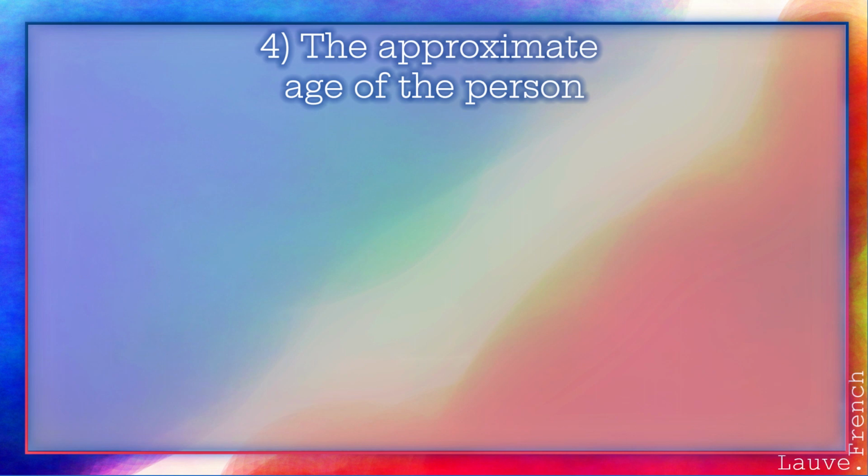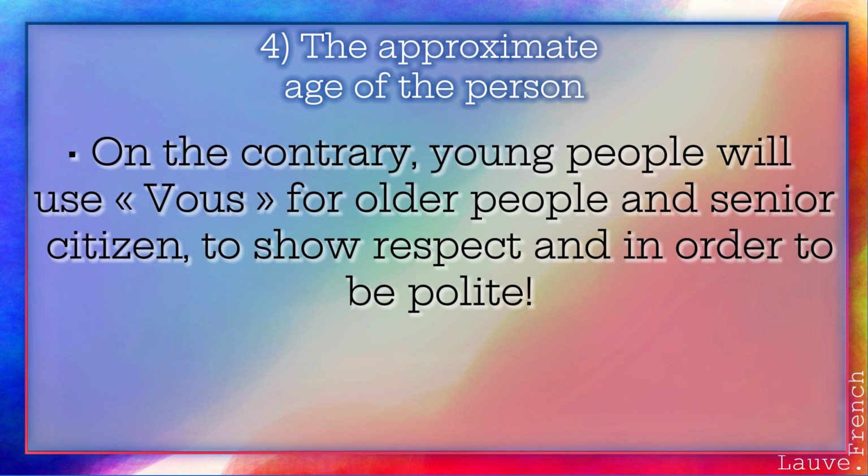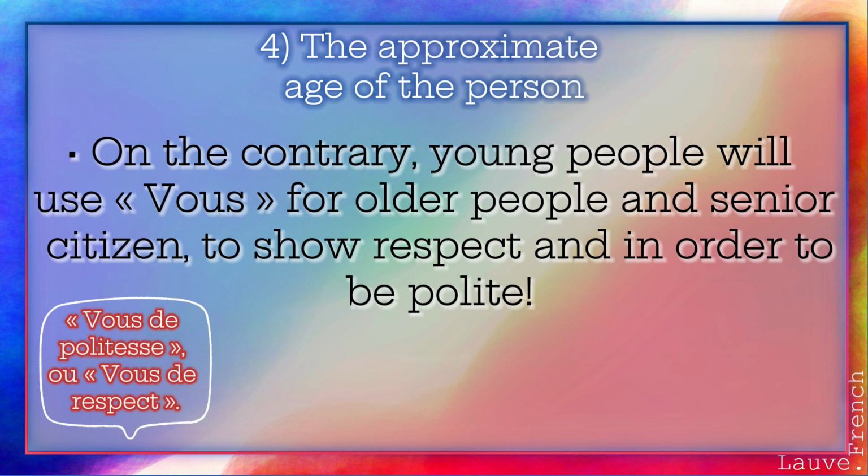But on the contrary, this kid will have to use vous. This is the vous de politesse, de respect. Vous as a respectful and polite way to refer to an older person. So with an older person and a senior citizen, you will use vous.